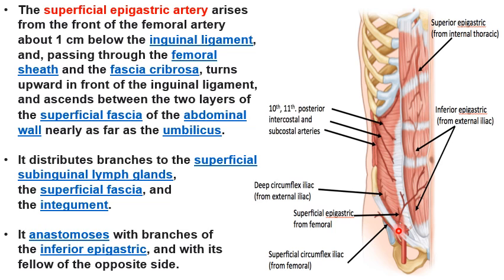upwards in front of the inguinal ligament and goes medially till the umbilicus to supply the abdominal wall as far as near the umbilicus, being between the two layers of superficial fascia of the anterior abdominal wall.